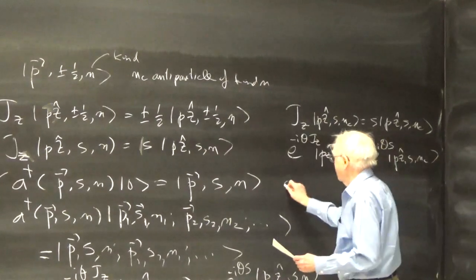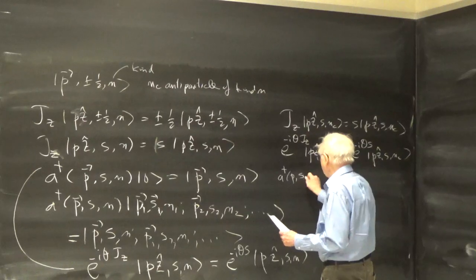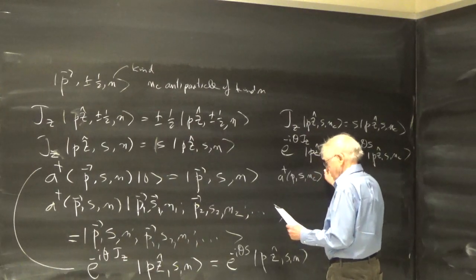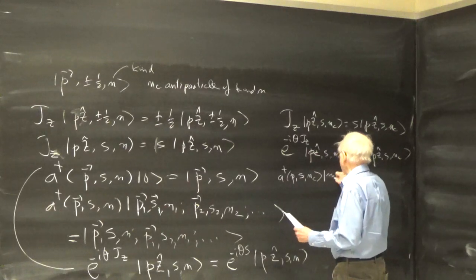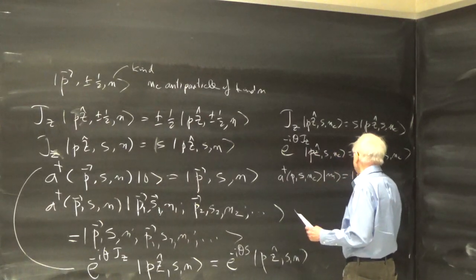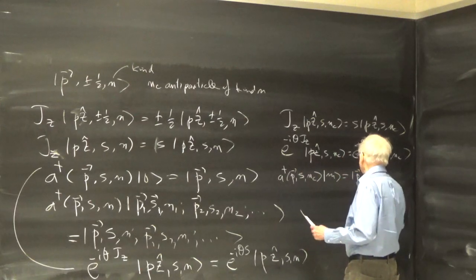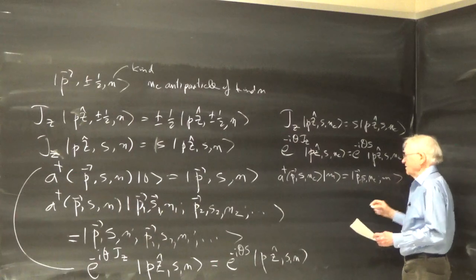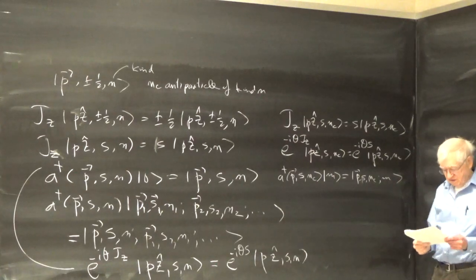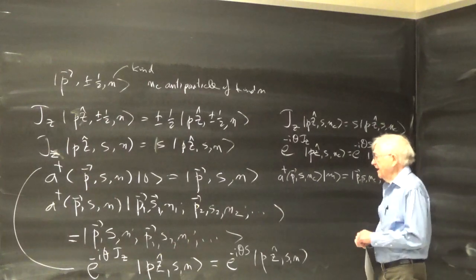And of course, a†(p, s, c) on, say, any state, I'll just write it this way, is |p, s, c; whatever else is written⟩. Okay.